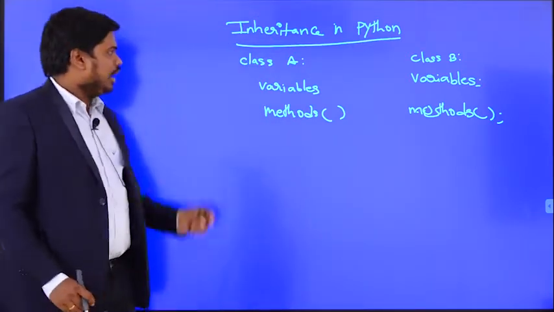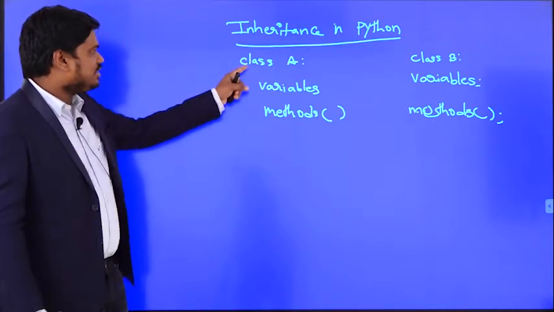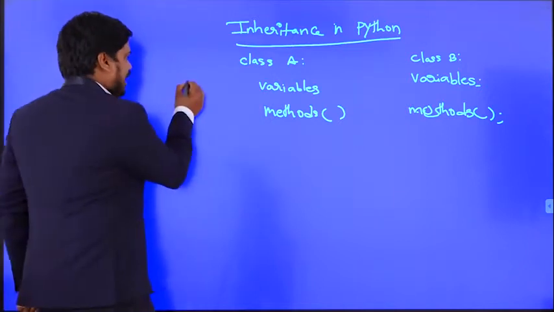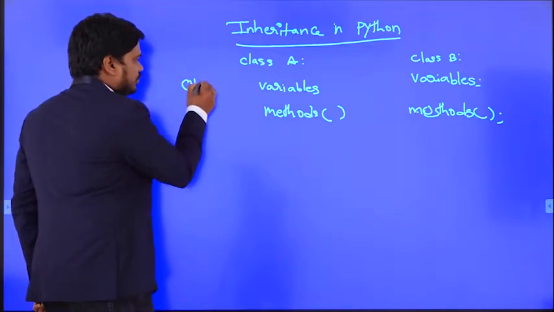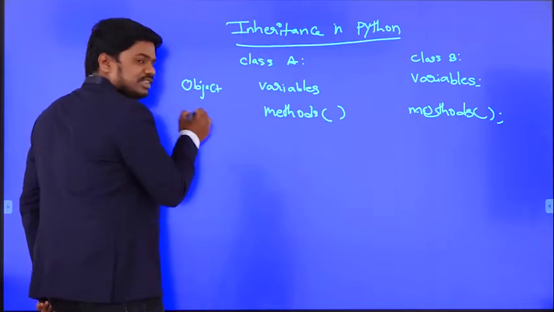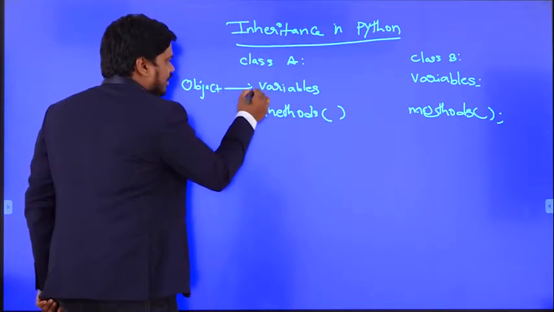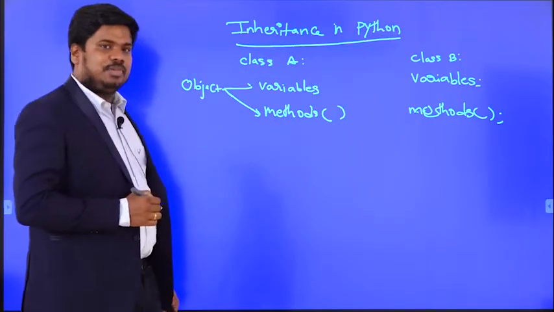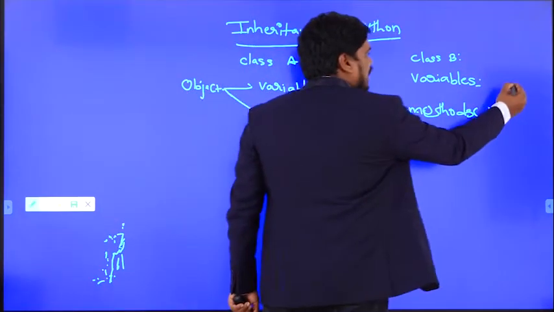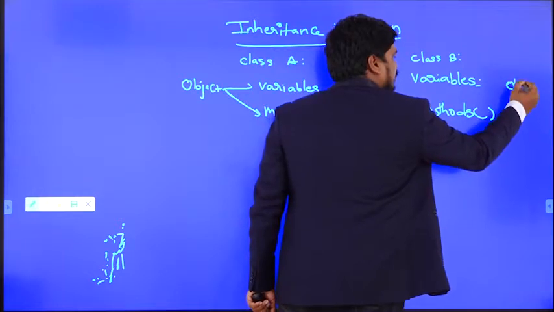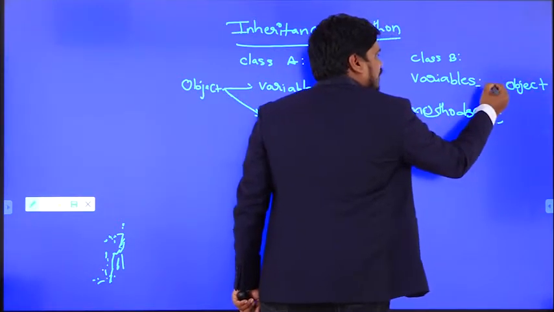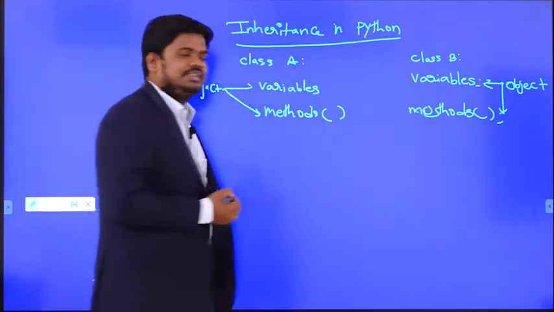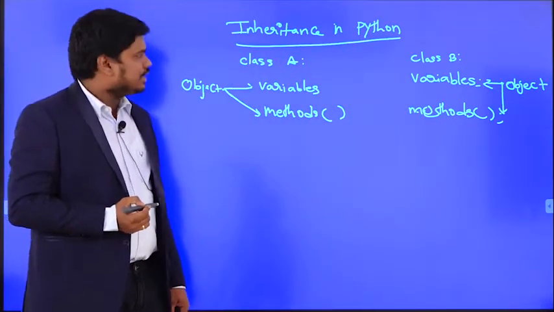I hope. In order to access the variables and methods inside class A, I have to create an object. With this object, I will access the variables and methods. Here also I need an object, with the help of which I will access the variables and methods inside class B. Is it clear?